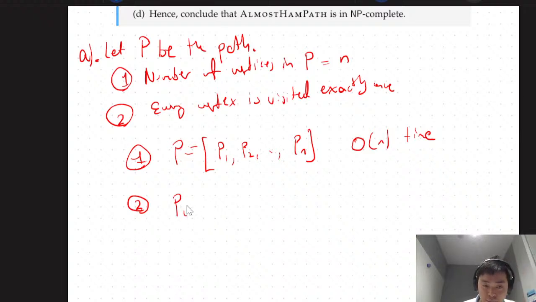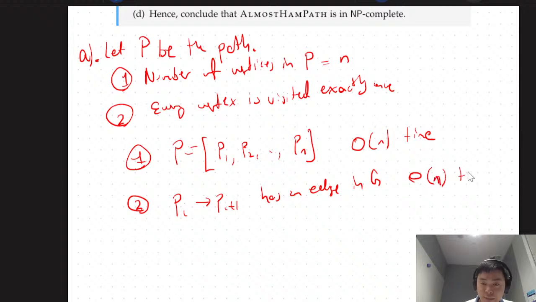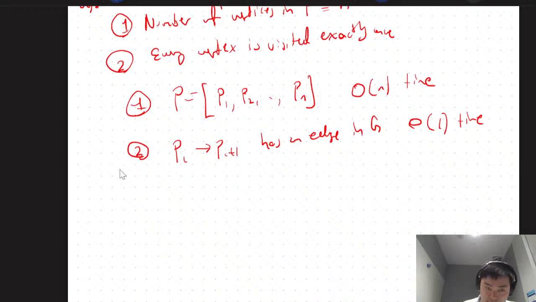We need to check that Pi to Pi plus 1 has an edge in G. Again, this can be done in polynomial time. Actually, this can be done in constant time for each consecutive pair of vertices.